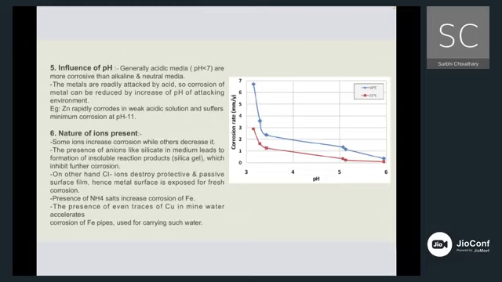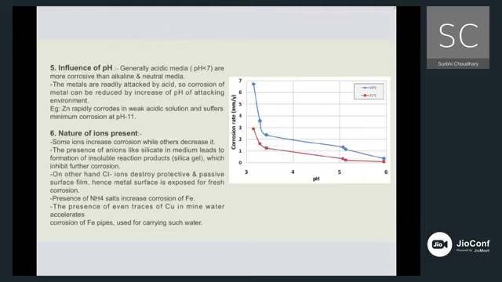If we talk about chloride ions, they destroy the protective and passive surface film, so the metal is exposed to the environment for further corrosion, so the corrosion of those metals increases when they come in contact with chloride ions.